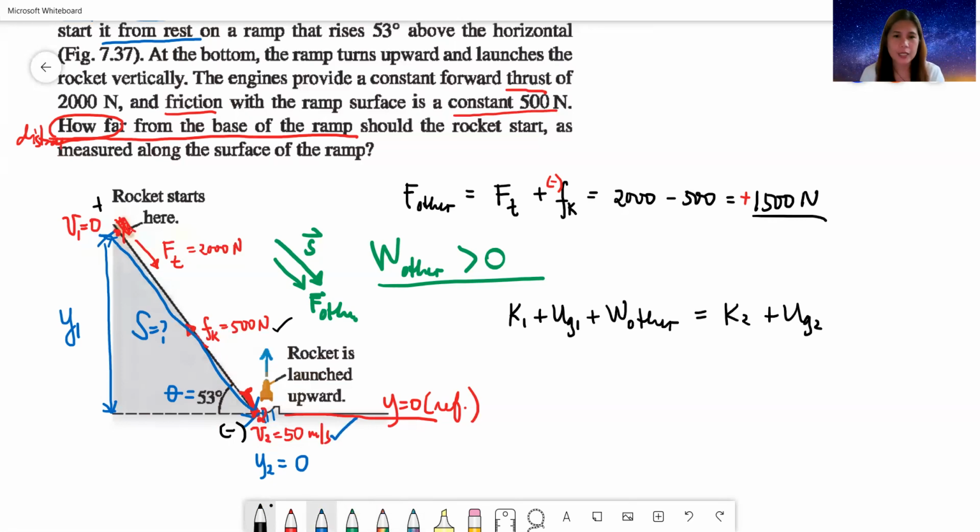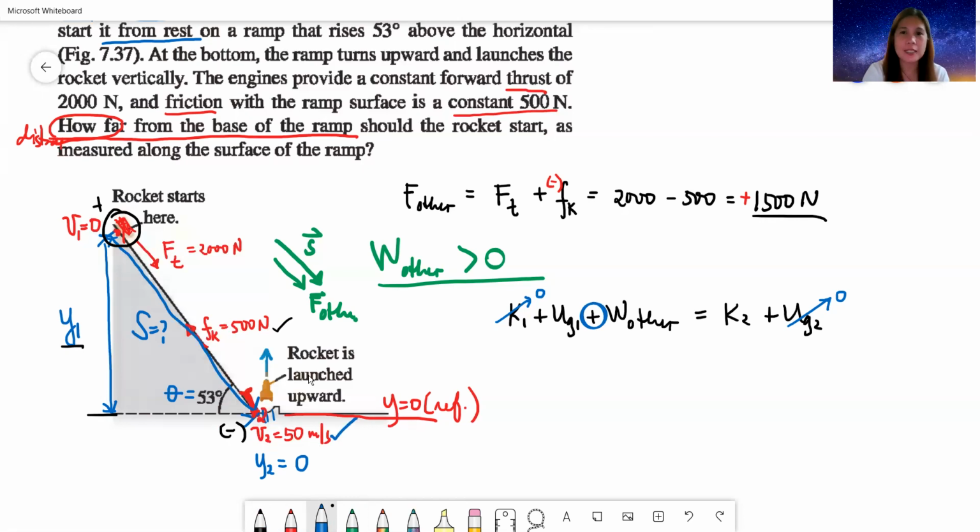Okay? We immediately cancel everything that is 0. There's no initial speed, so kinetic 1 is 0. There's no final height, so this is also 0. Okay, so we say therefore that whatever potential energy that the rocket has here because of its height from the reference, it's being reinforced or added by the work done by the engines of the rocket.